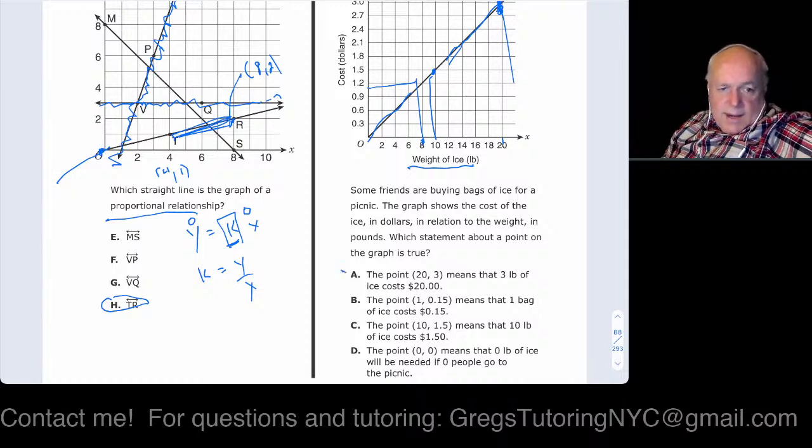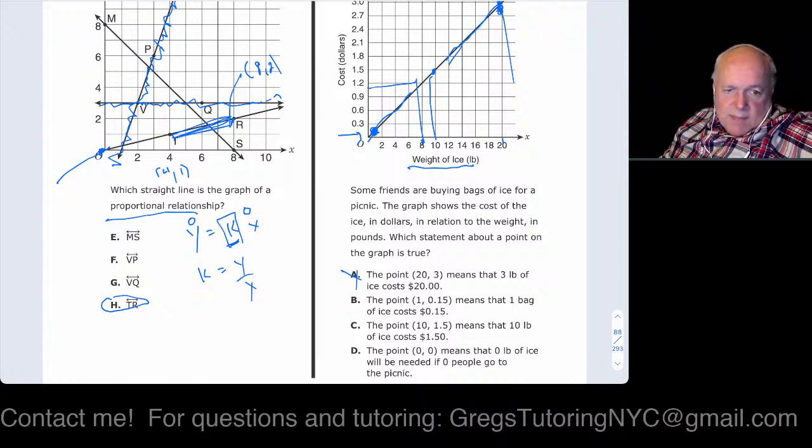The point 1, 0.15, which is somewhere around right here, right there. Just to make sure you know where I'm drawing the dot. Means that 1 bag of ice, no, it's pounds, so they lost me there, costs 15 cents.